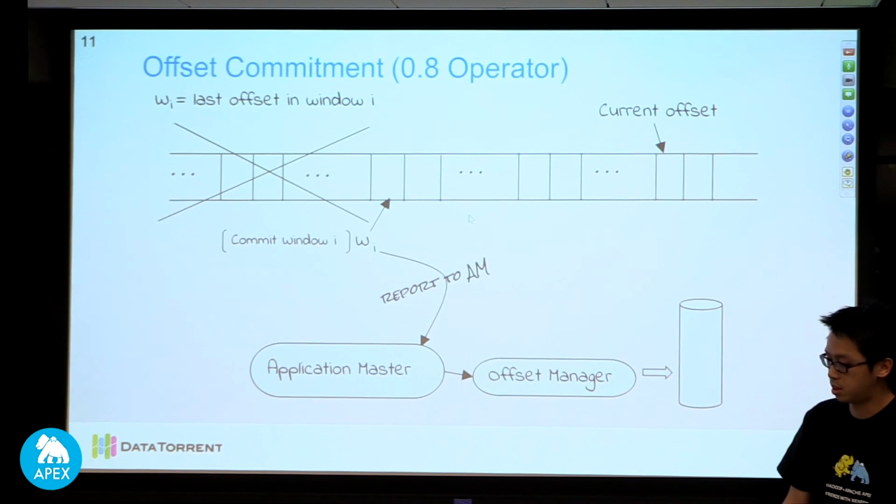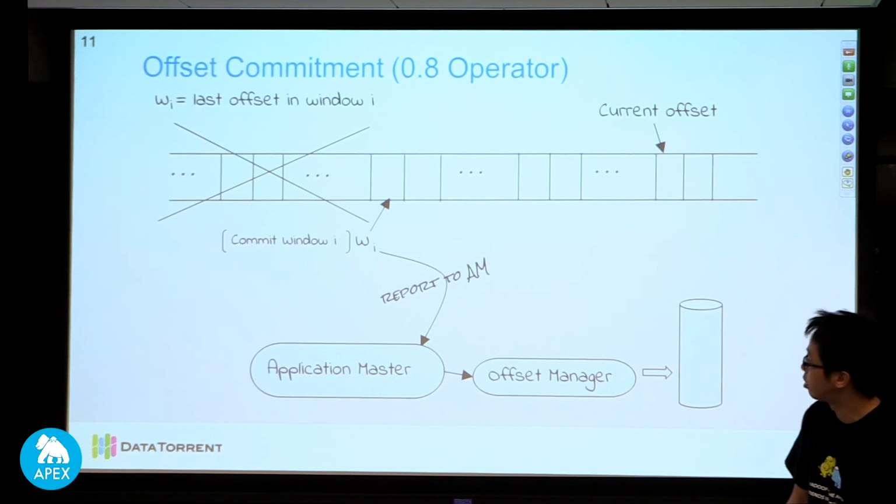Another part is called offset commitment. In Apex, there is a special event called the commit window event, which happens between window boundaries.